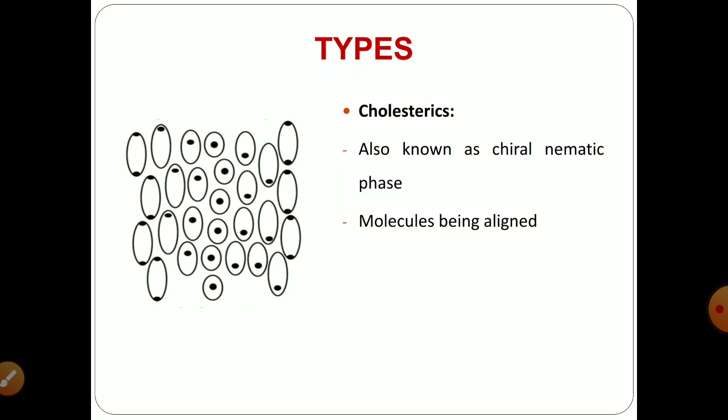Compared to nematics, in cholesterics you will observe that all the molecules are in aligned position and they are stacked within very thin layers. So if you are observing the difference between the arrangement of nematics and cholesterics, then nematics are unorganized whereas cholesterics are organized.